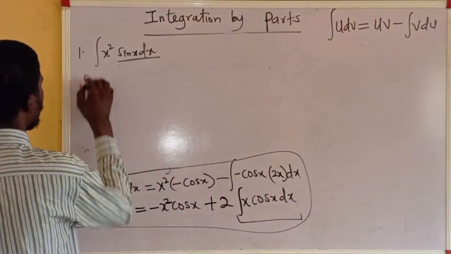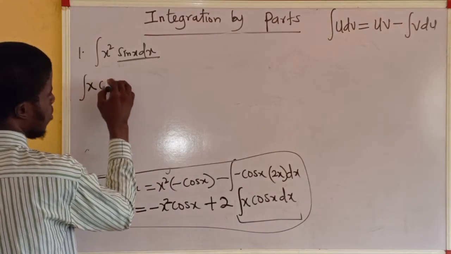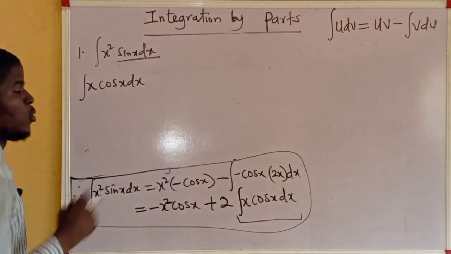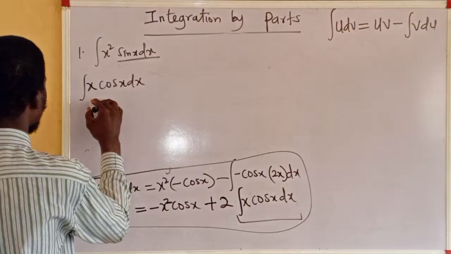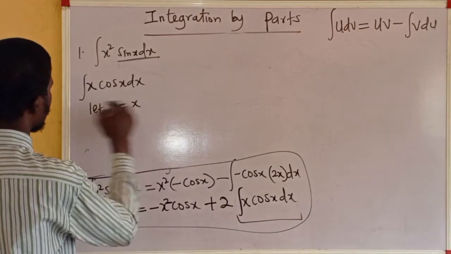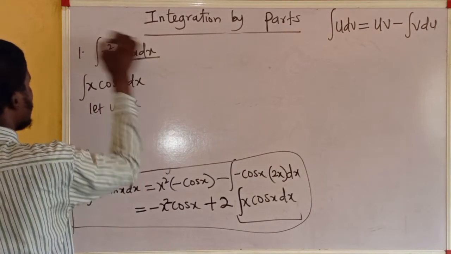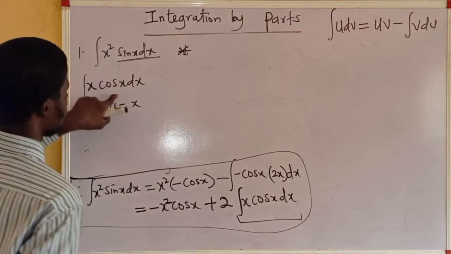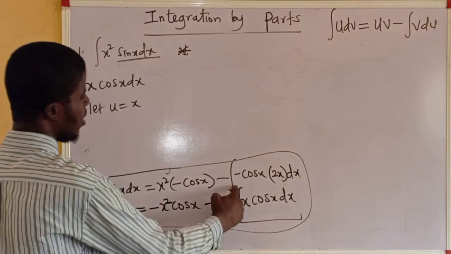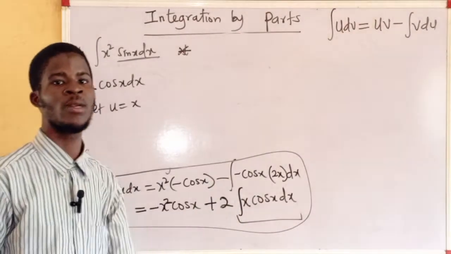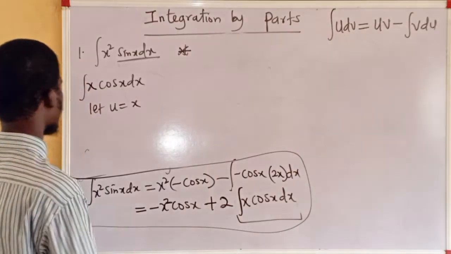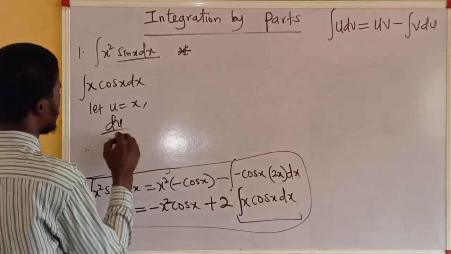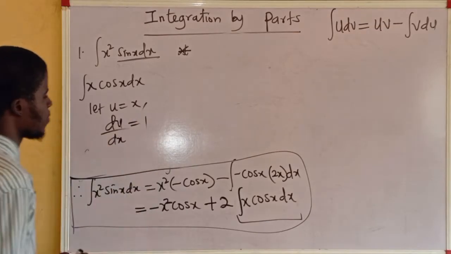That is the integral of x cos x dx. So we know what to choose as u now. You let u be equal to x. Remember, this is what we are integrating. Just that this integral led us to this. So to evaluate this, we have to use the integration by parts formula again. So let u be equal to x, and if I differentiate u with respect to x, that's du/dx is equal to what? 1.